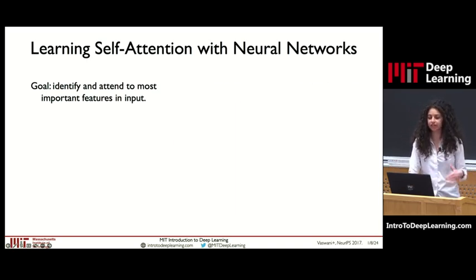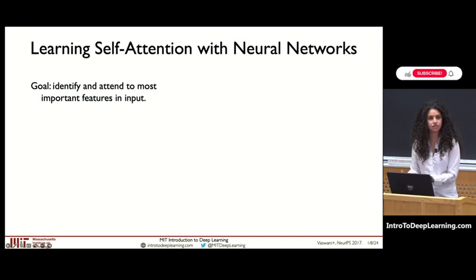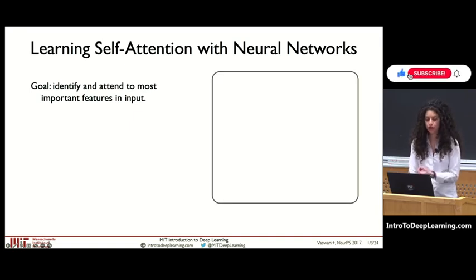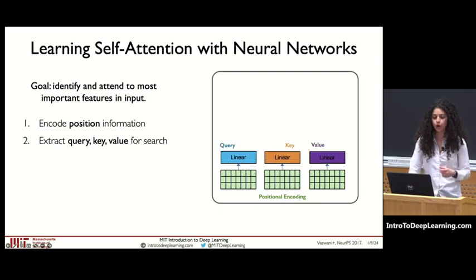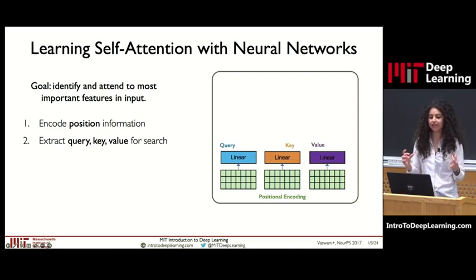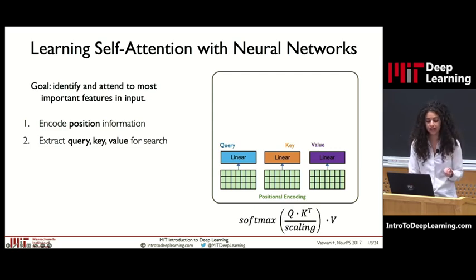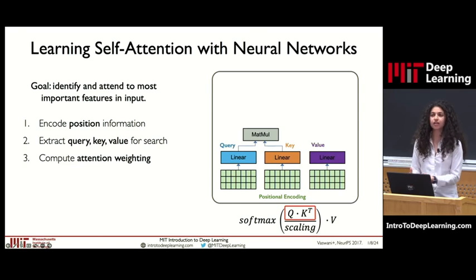Let's put it all together, step by step. The overall goal here: identify and attend to the most important features. We take our positional encoding, which captures some notion of order and position. We extract these query, key, value matrices using these learned linear layers. We compute the metric of similarity using the cosine similarity computed through the dot product.